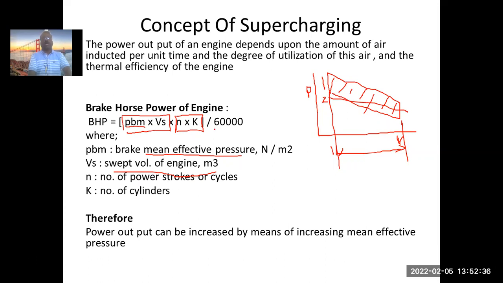Okay, and then we have here 60,000. What is the 60,000? इथं आपण RPM मध्ये बोलतोय. Speed is in RPM. Okay, so RPM मध्ये म्हणजे मिनिट मध्ये बोलतोय, परंतु आपल्याला सेकंड मध्ये पाहिजे. सो we are dividing it by 60. आणि what is this 1000?